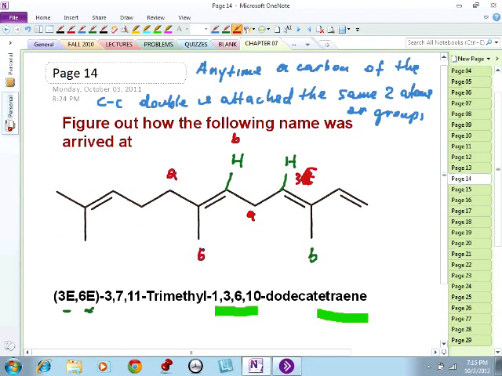And therefore this is B. So therefore this is E. And that's how we got 6E. 6 because the double bond starts from the carbon number 6, which is this here. Okay? So everybody follow this? So at this point you should be able to do alkene nomenclature using the E/Z system.